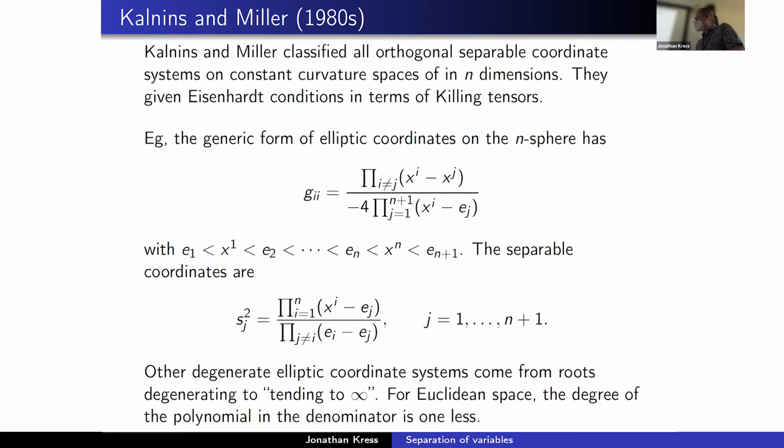Yes, that's an important point here: there's one more e. There are n plus 1 e's and n x's here. This is just a product of different factors with distinct e's, and they have to do with the foci, the structure of the ellipses, and the product on the top here of differences of the coordinates.